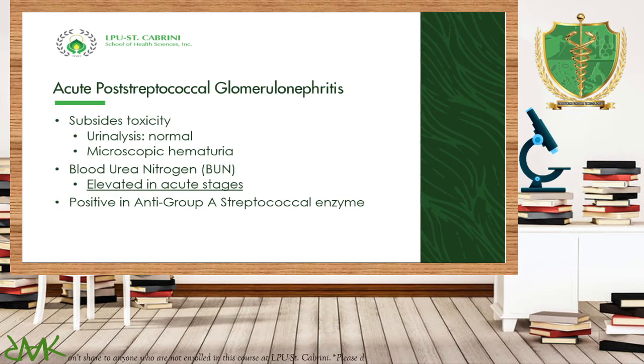Or you can also perform enzymatic reactions, ELISA, or a rapid test for anti-group A streptococcal enzyme. Why anti-group A streptococcal enzyme? Because Streptococcus pyogenes belongs to group A of Streptococcus. Remember, group A Streptococcus, ano po yung protein on the cell wall? M protein.